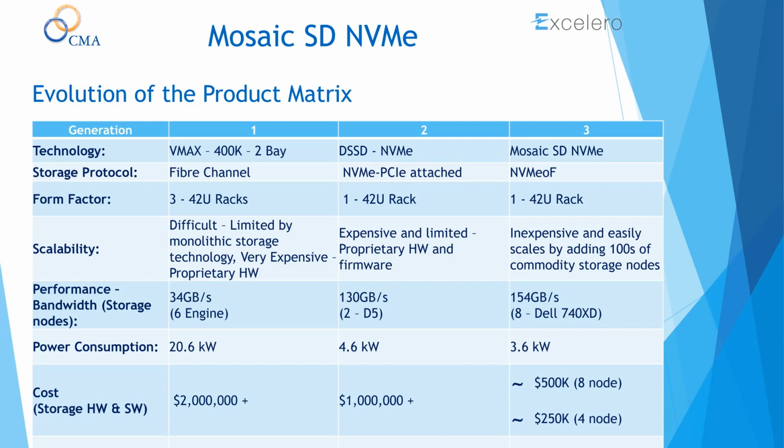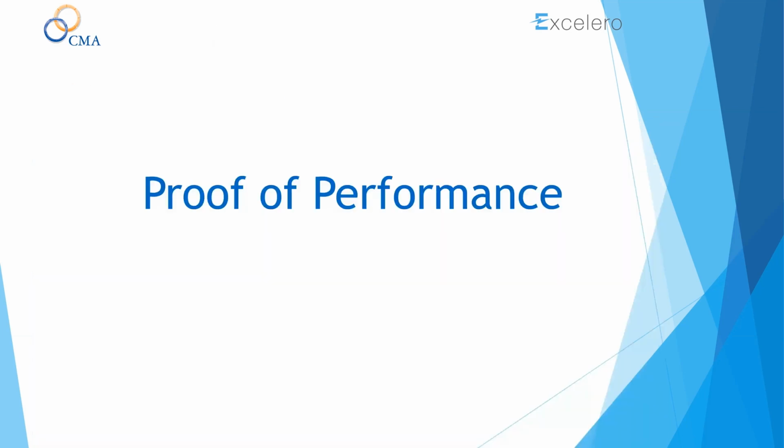So we're building clusters right now that are up to 200 gigabytes per second, delivered off 8 storage nodes. And again, power comes down, and most importantly, when you look at price performance, it's much cheaper to provide that capacity on the platform we're on right now.